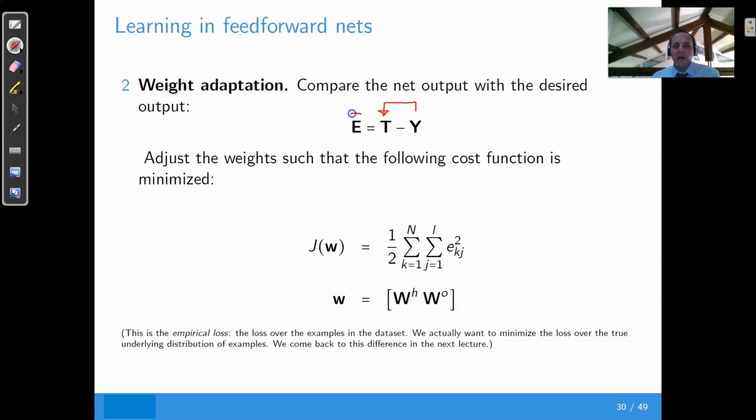So we compute the error, and we try to minimize it. Once we compute the error, we try to adjust the weights such that the following cost function is minimized, with respect to this vector w, which contains both the weights in the hidden layer and in the output layer.